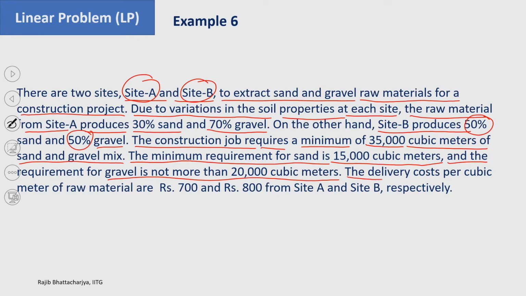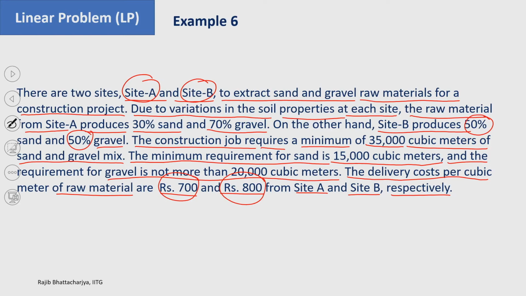The delivery cost per cubic meter of raw materials are rupees 700 and rupees 800 from site A and site B respectively. That means, if I take 1 cubic meter of raw material from site A, the delivery cost is 700, and if I take it from site B, the delivery cost is 800.